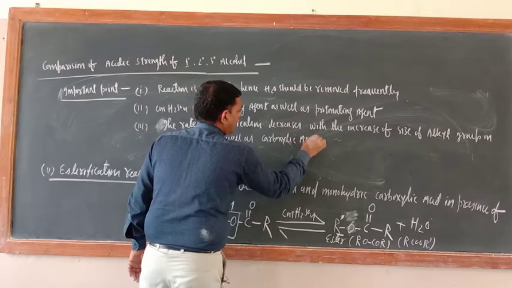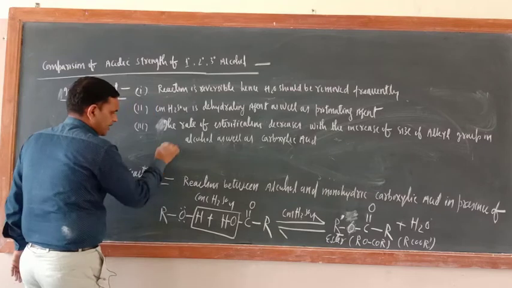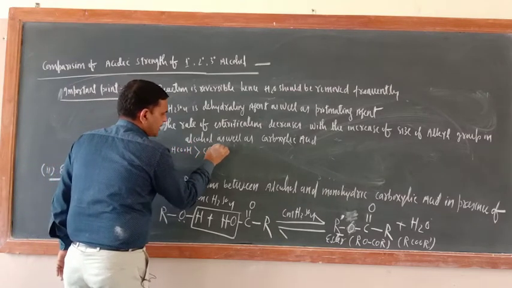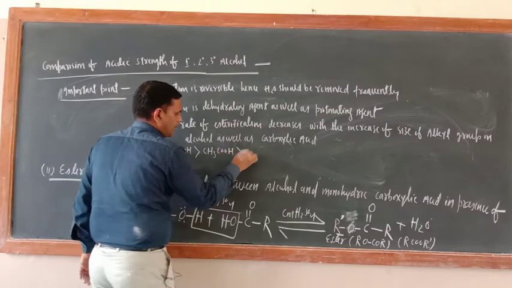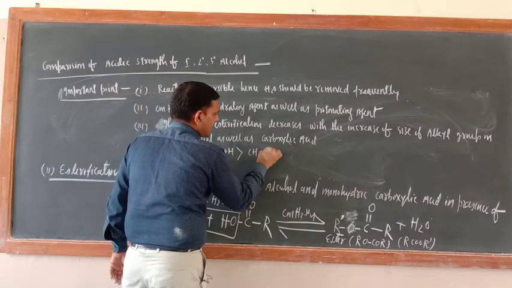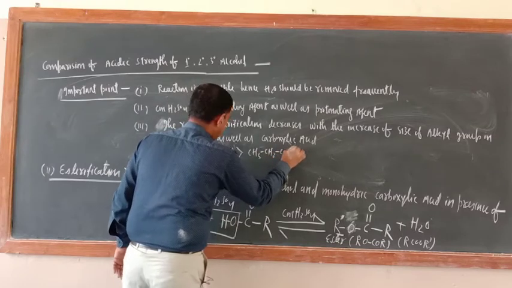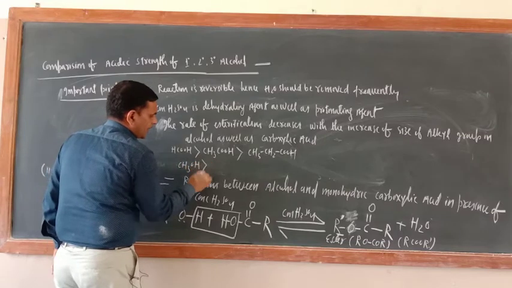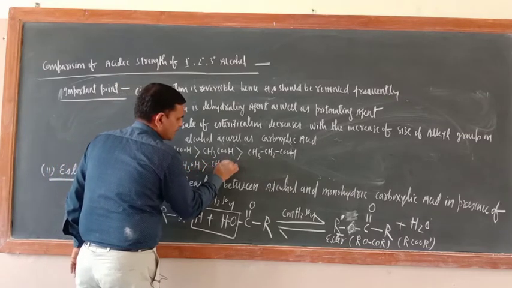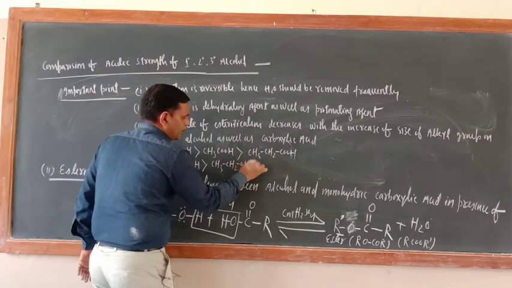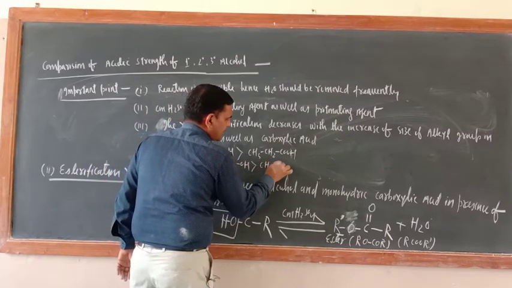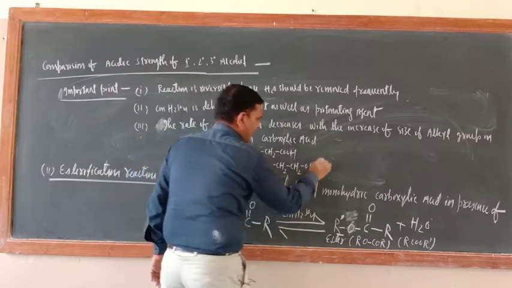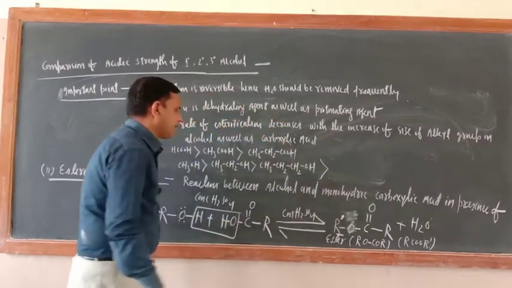So now we can write the order. Just see the order. HCOOH would be greater than CH3COOH, would be greater than CH3CH2COOH. Similarly, CH3OH would be greater than CH3CH2OH, would be greater than CH3CH2CH2OH. Similarly, like that you can keep on writing.